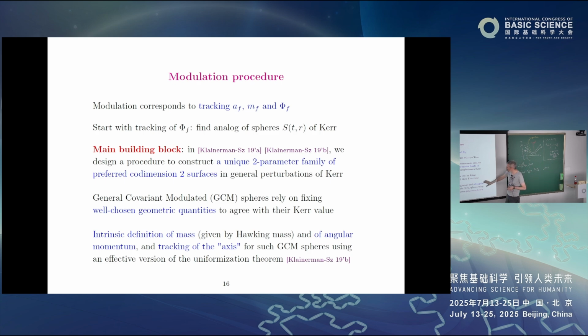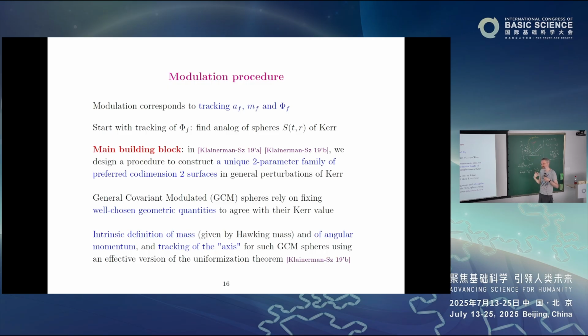Finally, this settles the modulation due to general covariance. In other words, these spheres that we call GCM, general covariant modulated, are the ones that will foliate the last slice. So this settles the issue of the coordinate system. Then you need to settle the issue of the mass and angular momentum.